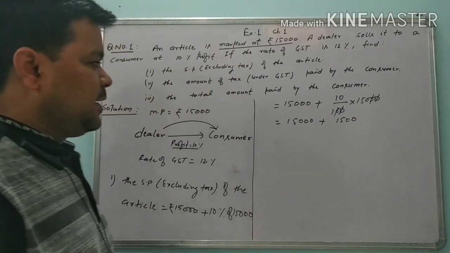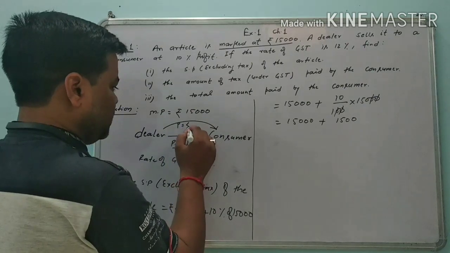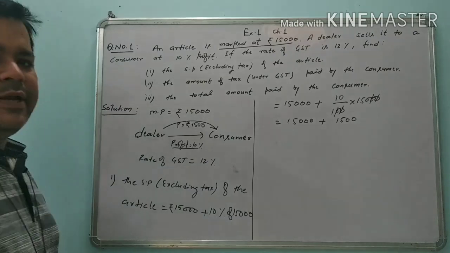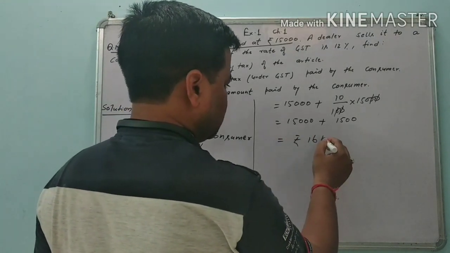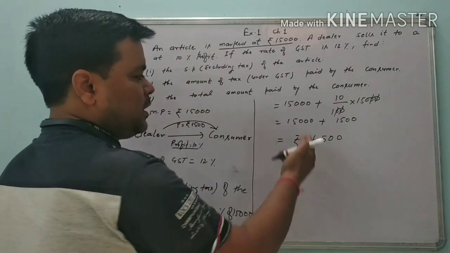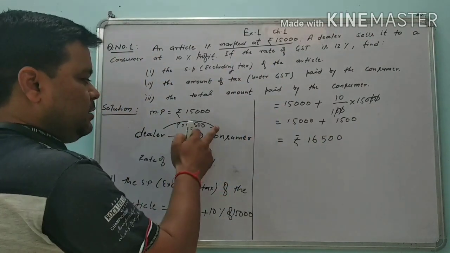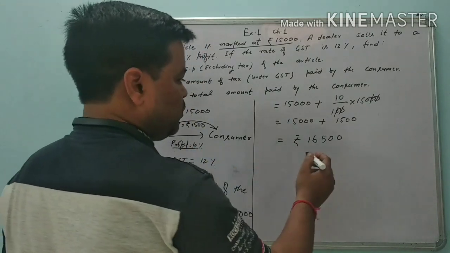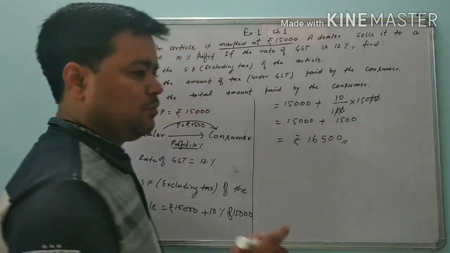It means the profit will be rupees 1,500. So it will be rupees 16,500. Here 15,000 is the cost price and the amount of profit is 10%. Then the total value will be 16,500 rupees. This is the answer of the first question.